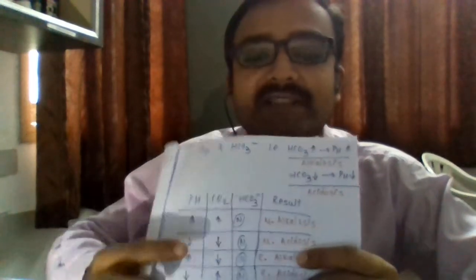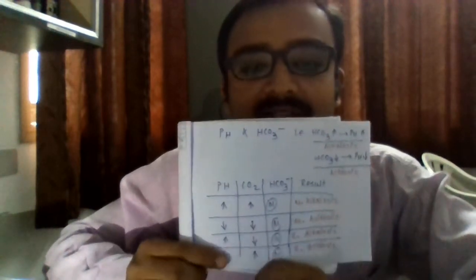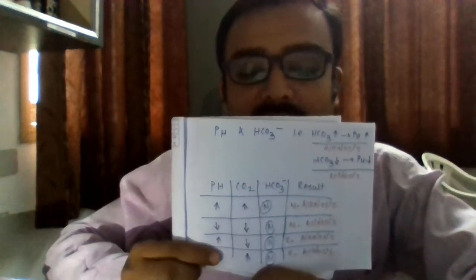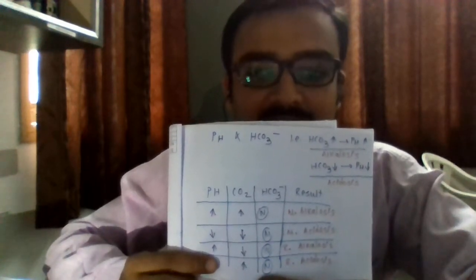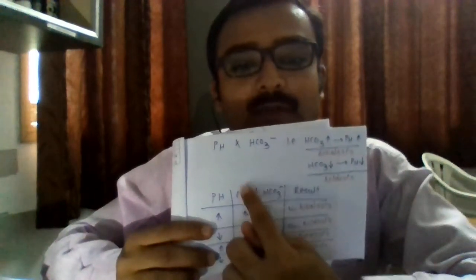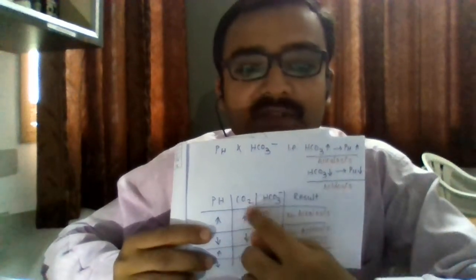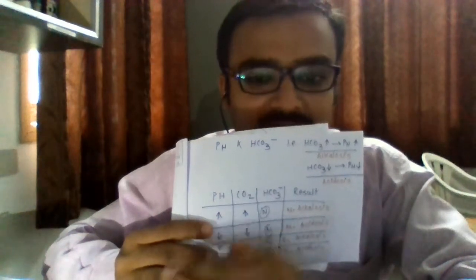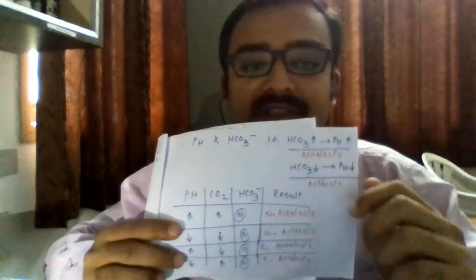On the basis of CO2, you can tell whether this is a case of metabolic acidosis or respiratory acidosis, metabolic alkalosis or respiratory alkalosis. So remember, CO2 is for the respiratory conditions. If the CO2 is getting more and more accumulated, the pH will fall, and that will result in respiratory acidosis.